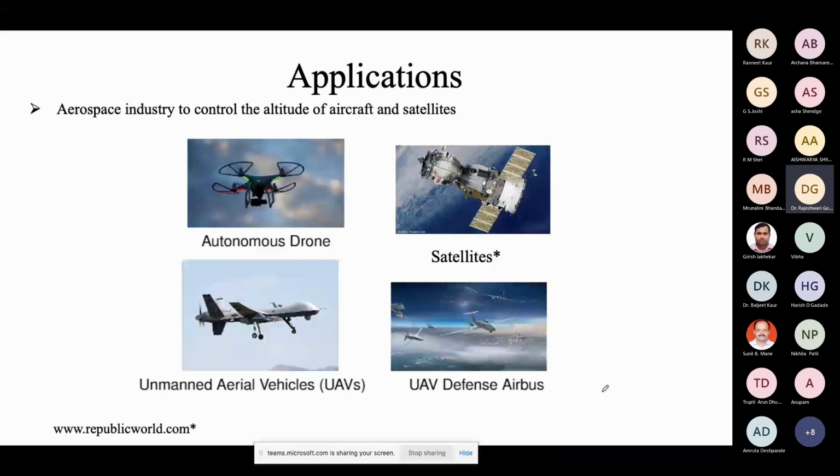Yeah. So various applications are available in the market, like in the aerospace industry. Suppose right now I'm working on a drone application also, right?